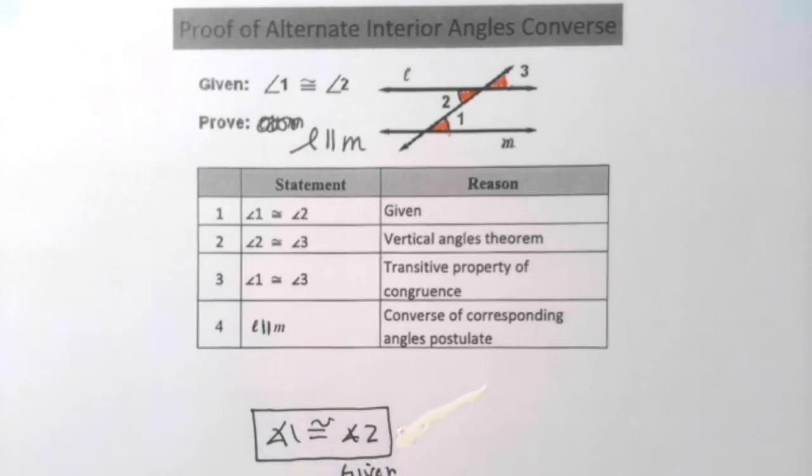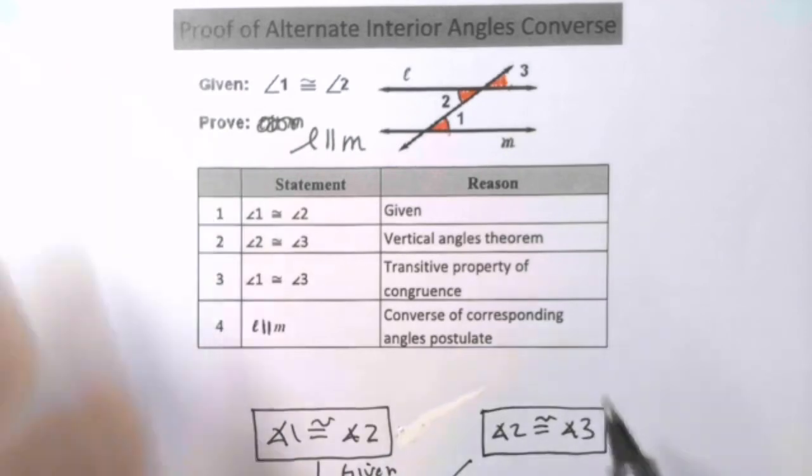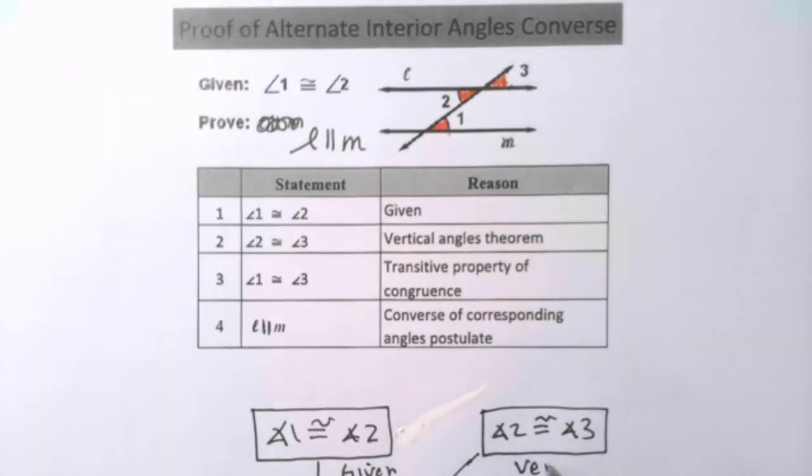We want that, but we need another piece of information. We need to know that vertical angles are congruent. So that's going to attach. So angle 2 is congruent to angle 3. And this is the vertical angles theorem.